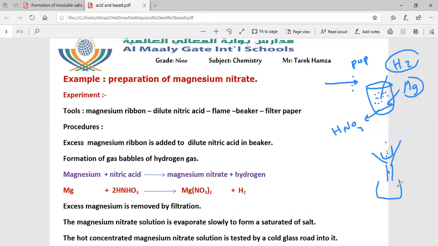Then take the filtrate and evaporate it in a petri dish. White crystals form at the bottom of the petri dish. This is magnesium nitrate.